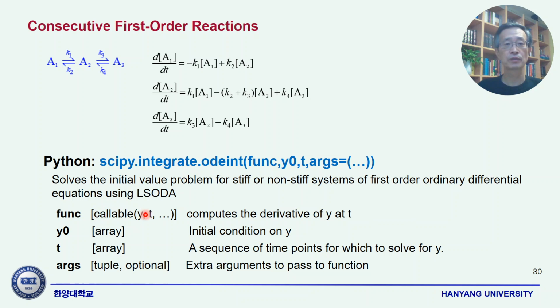The function is a callable, which we define as a function that computes the derivative dy/dt. It could be not just a single function but an array of functions, like y1, y2, y3. So y0 is the array of initial conditions of y, and t is a sequence of time points for which to solve for y.